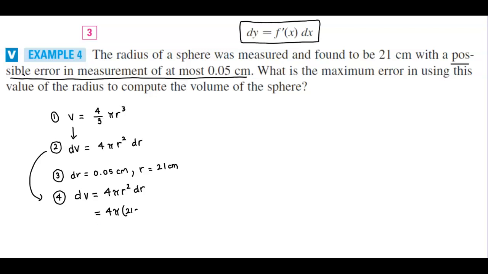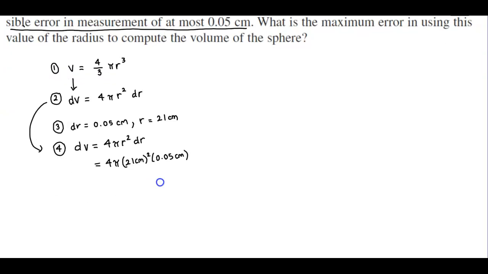So 21 centimeters squared times dr, which is 0.05 centimeters. And so when we multiply that all out, we end up getting approximately 277 cubic centimeters.